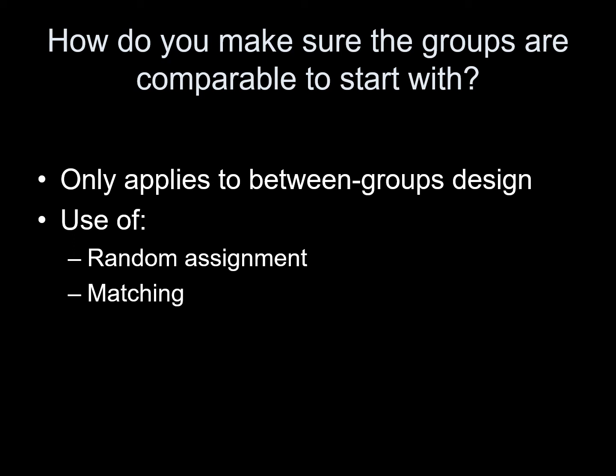Because what happens is that if they start at different places, then you really don't know if the differences that you're seeing afterwards are due to the experimental manipulation, or just due to the fact that they were innately different groups, right? So you can use random assignment, okay, or you can use matching. So these are the two ways that you can make sure that the two groups are comparable to start with. Okay.